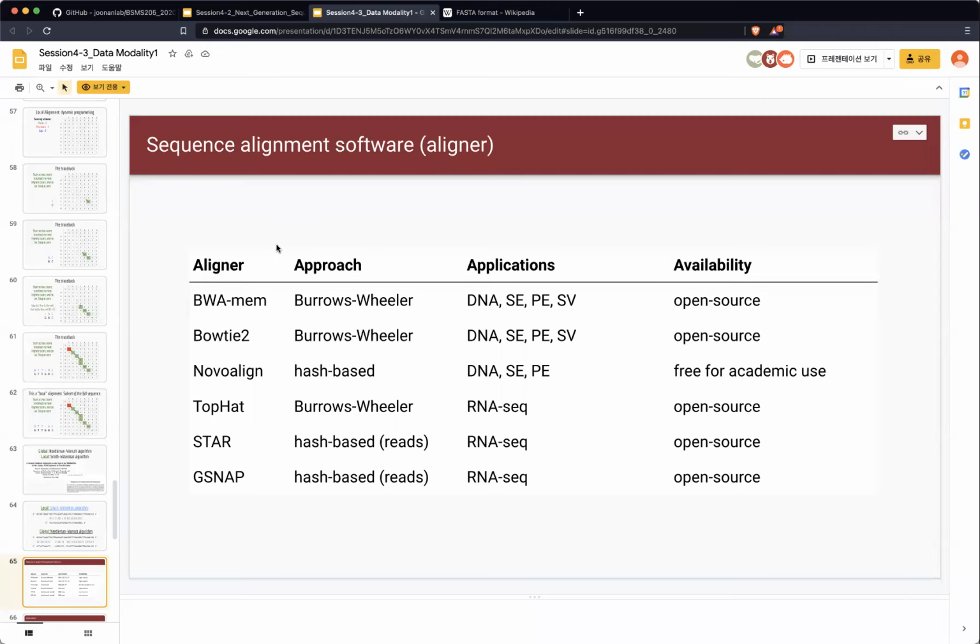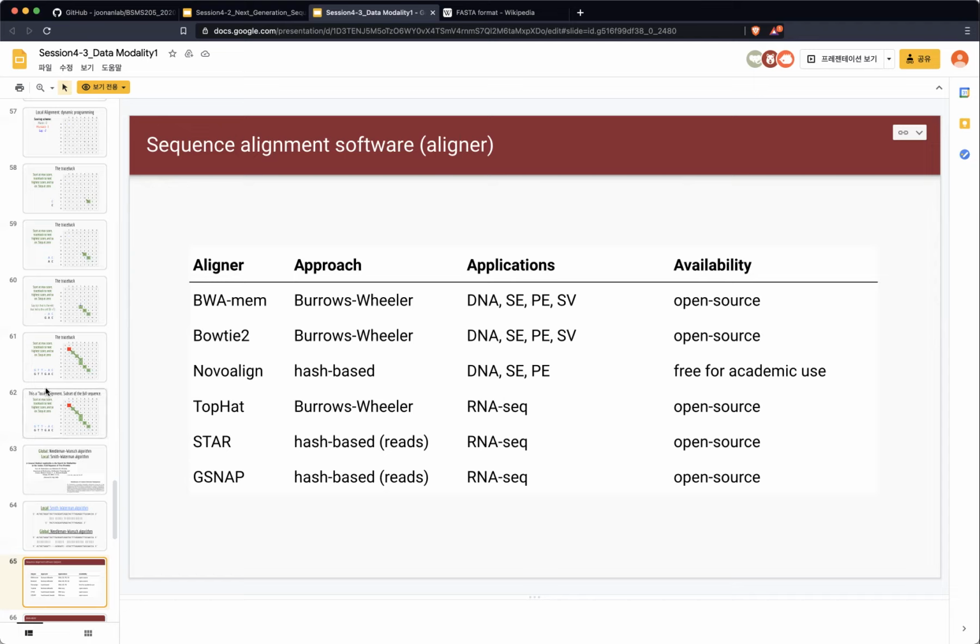But anyway, back to the alignment software. There are several lines of that. The most famous one is BWA-MEM, developed by Heng Li, one of the greatest algorithm developers. There are also other aligners like Bowtie, Novoalign, TopHat, and so on. These are all open source, and we can see their code and the different working applications and approaches as well.